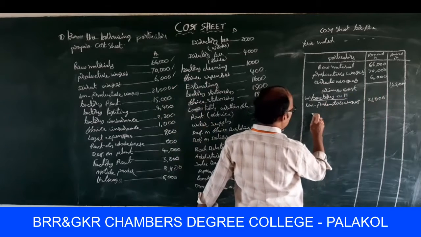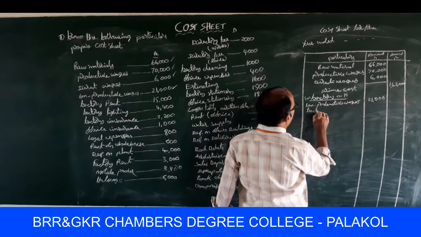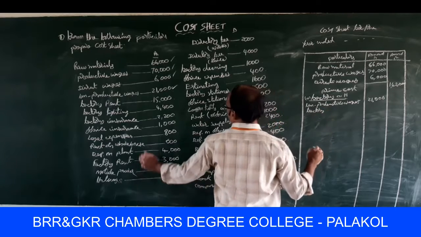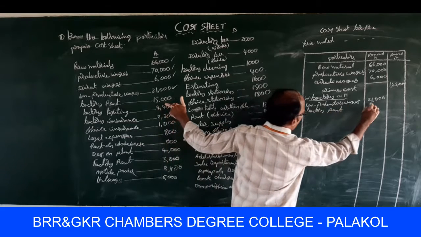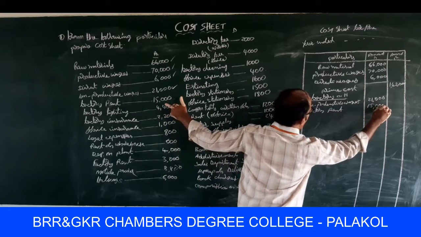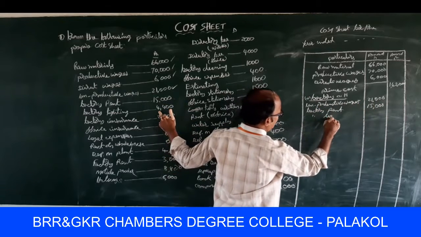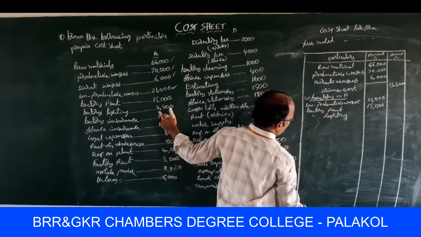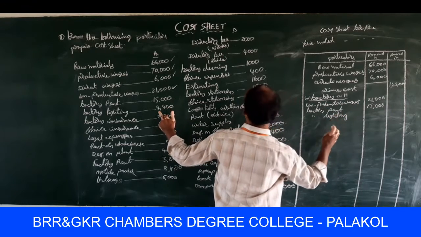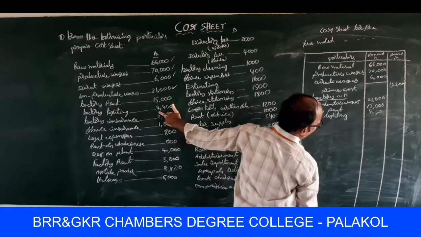Next one, factory rent. This is related to factory overheads. How much? Factory rent 15,000 rupees. Next one, factory lighting, how much? 4,400.